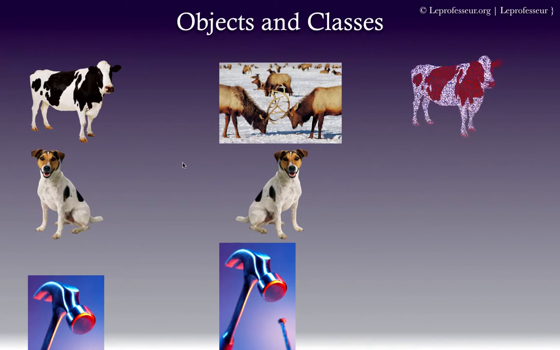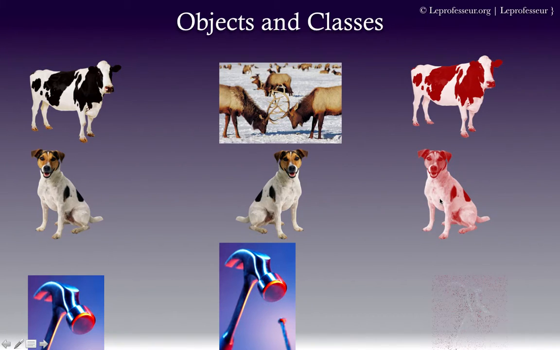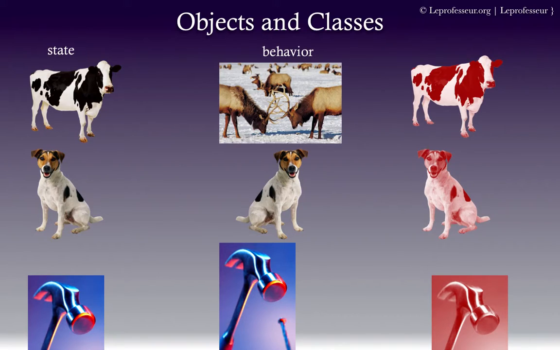Now let's go forward and try to understand. This is a black cow, and it may have a different color. In the same way, a dog may have a different color, and a hammer may have a different color. So what do we understand? Each object has a particular state, their regular, natural, default state. They may go into a different state, or they may have a behavior.